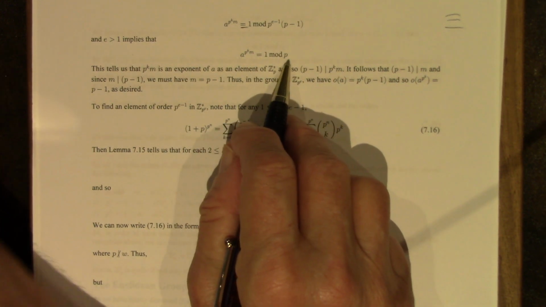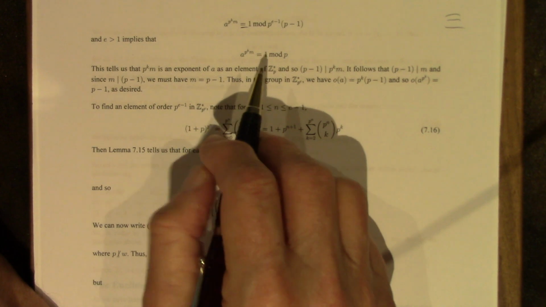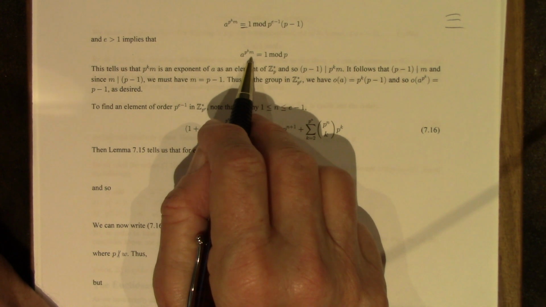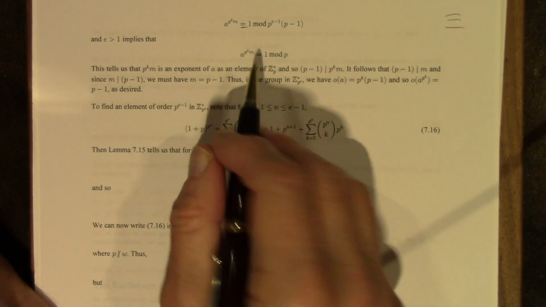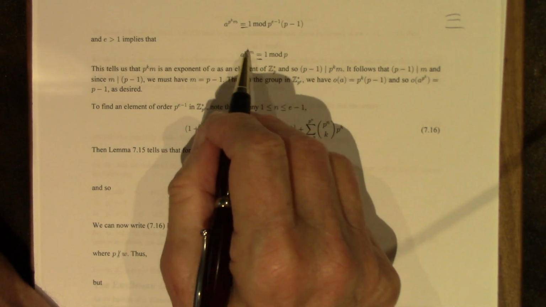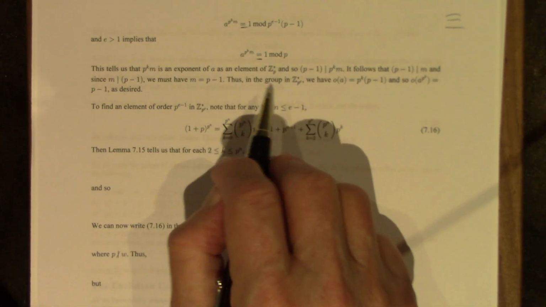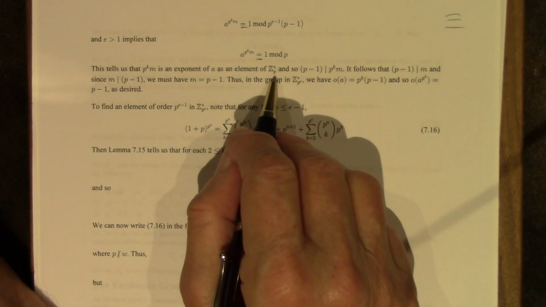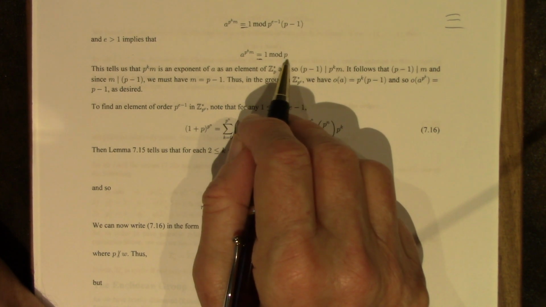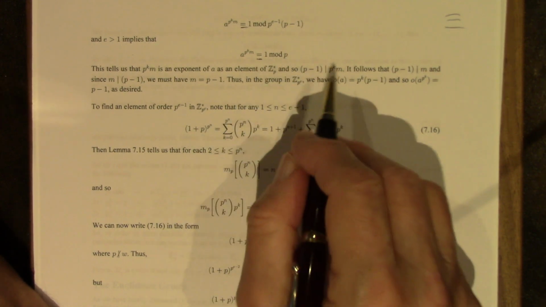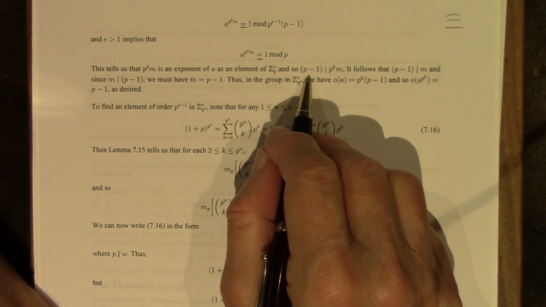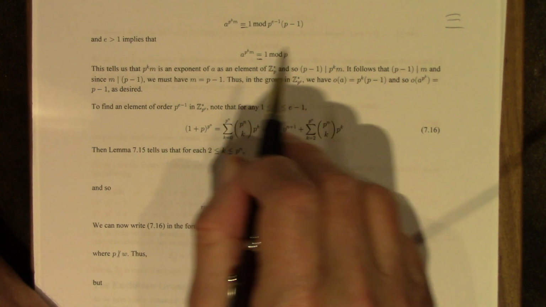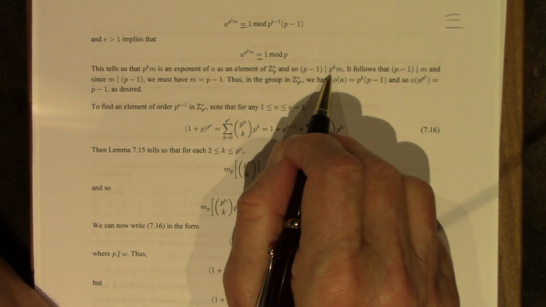So a to the p to the k m is congruent to 1 mod p, so p to the k m is an exponent of a as an element of the smaller group, because we're doing mod p now. And so p minus 1, which is the order of the element as it lies in the smaller group, divides p to the k m.